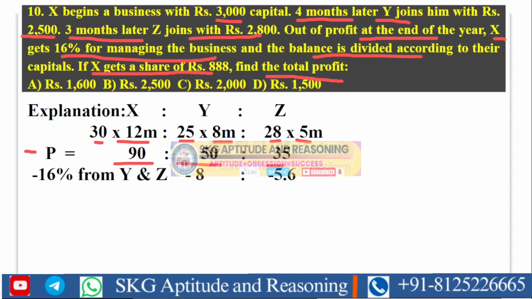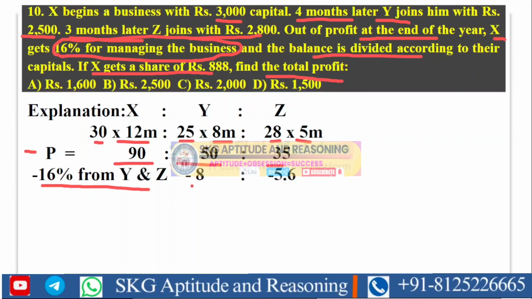In the question, X gets 16 percent for managing the business. So we need to give 16 percent from Y to X and from Z to X. What is 16 percent of 50?